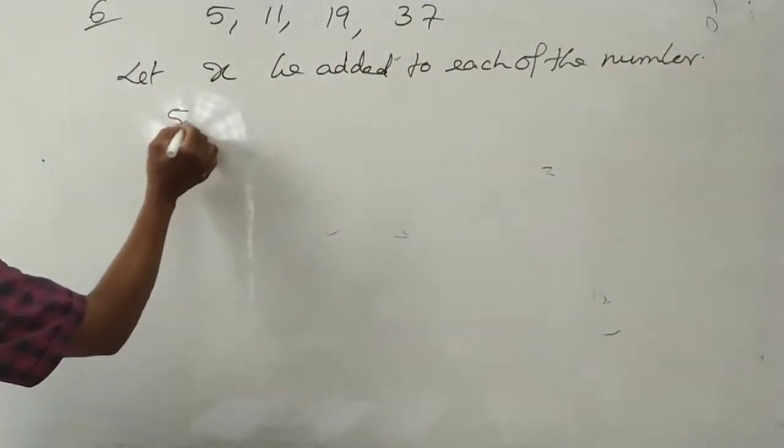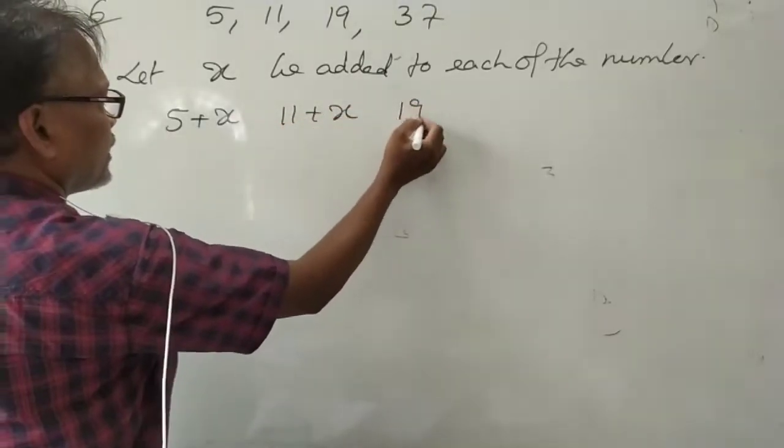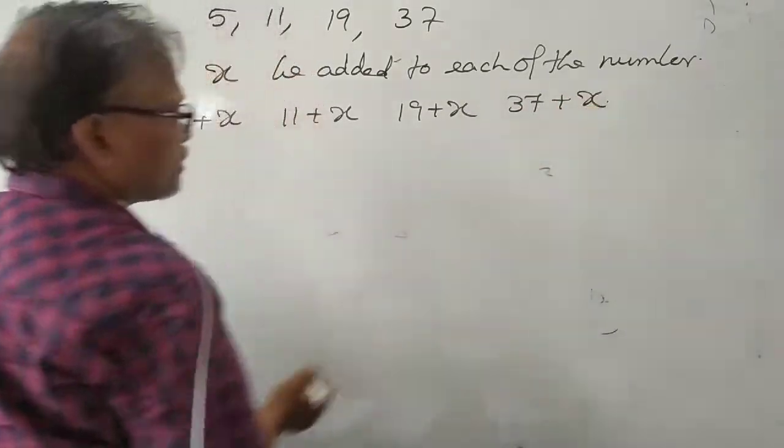So 5 plus x, 11 plus x, 19 plus x, 37 plus x.